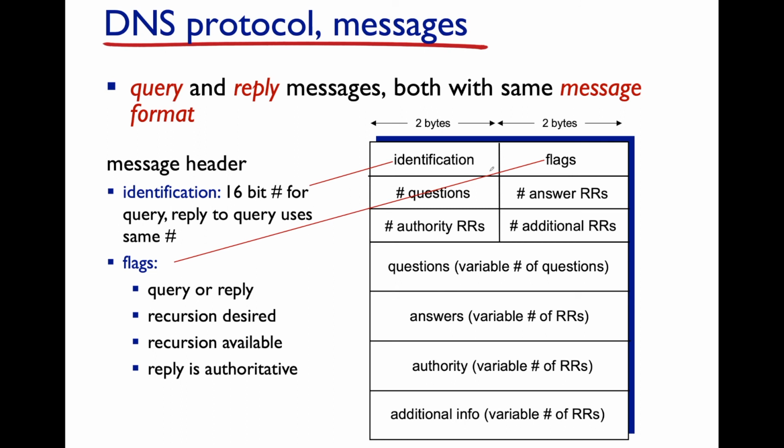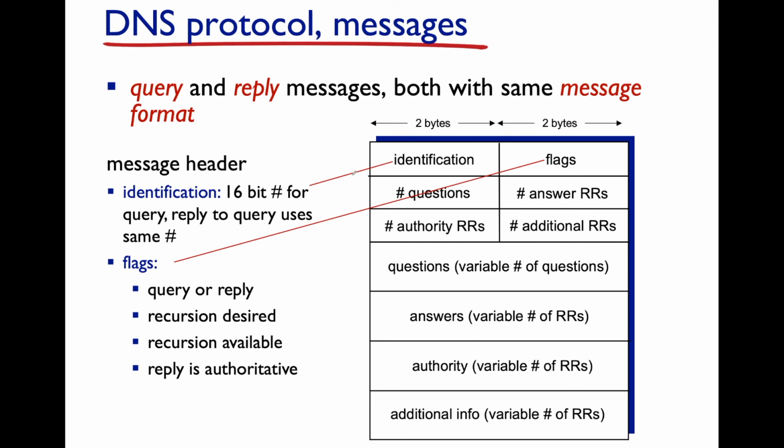And so we have some flag fields, and these flags tell you if it's a query or a reply, if you want to use recursion, if recursion is even available, and if it's an authoritative reply, meaning does the reply come from an authoritative server, meaning is this name IP address mapping not a cached one, but the one that is from the owner of these name IP address mappings.